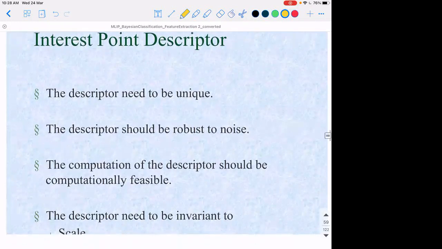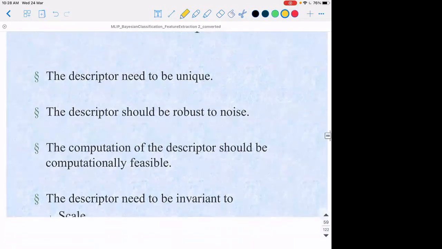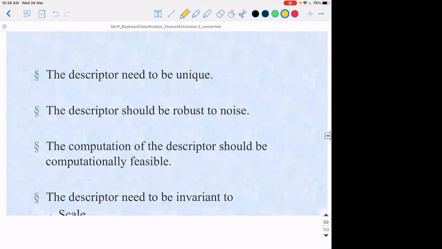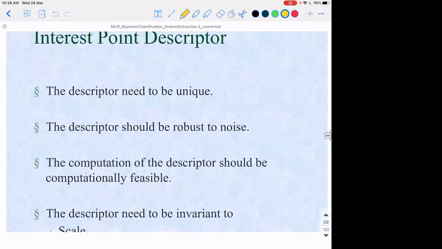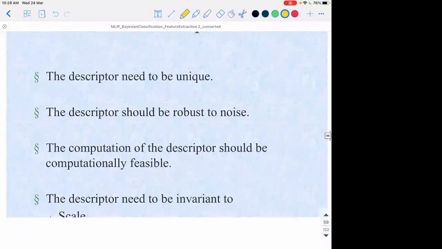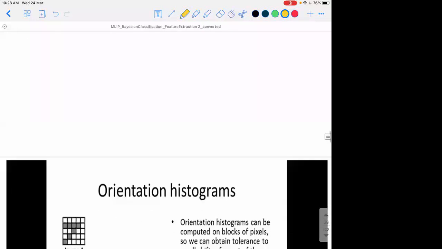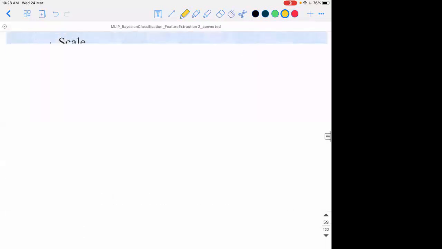The outcome of the previous discussion is we should look for features which are invariant to scale, invariant to view variations, and also intensity variations. Somebody said gradients are good features. Why? May I know the reason? Now the question is this: I have two images.